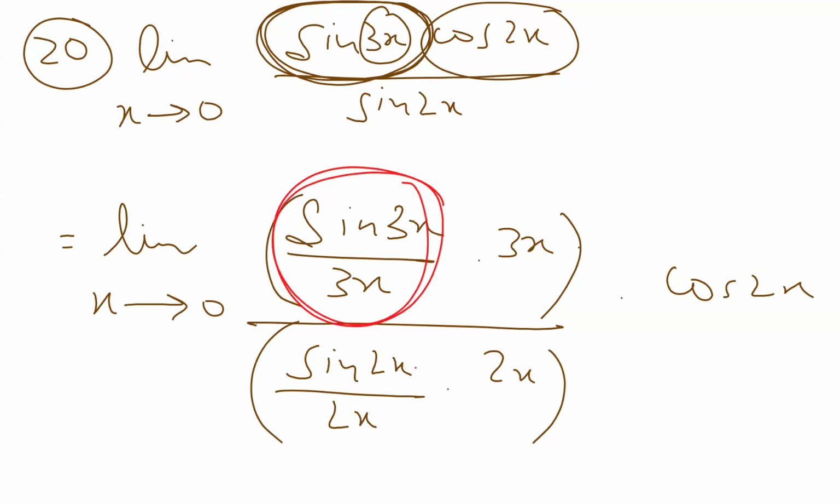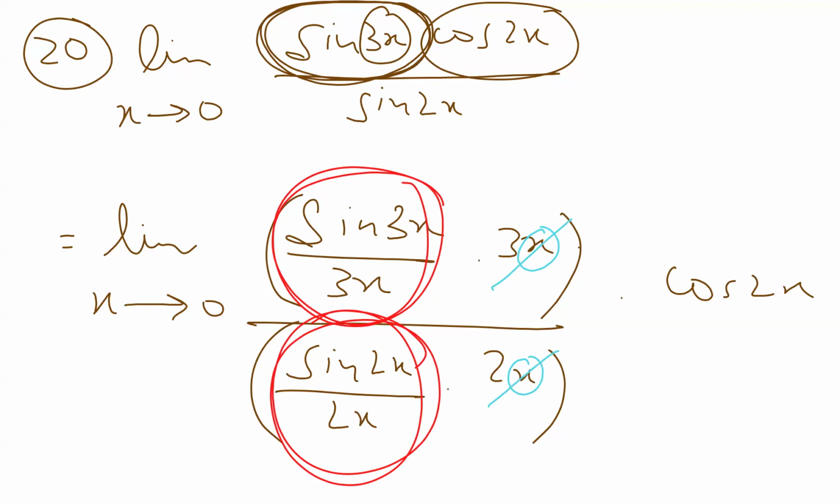So this and this will turn out to be 1. Okay. Guys, what about this x and this x? You can cancel it out. And someone can you please tell me what about this cos 2x?